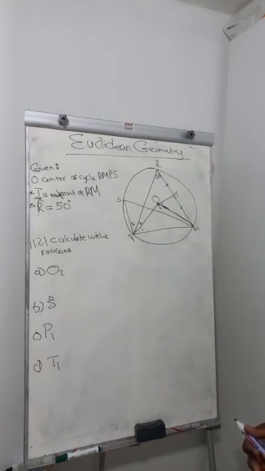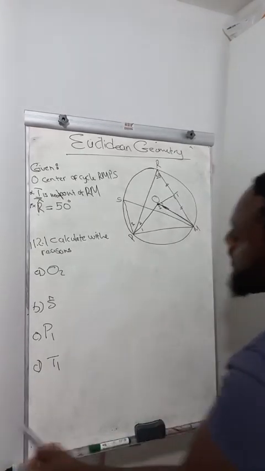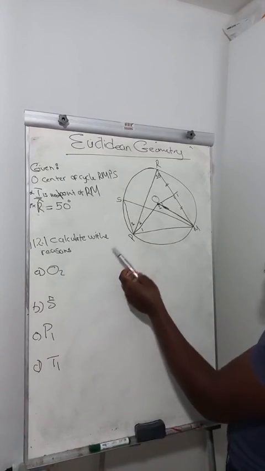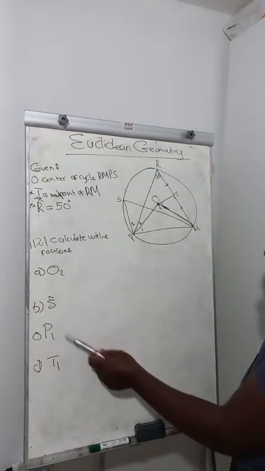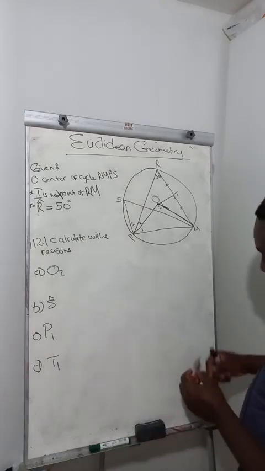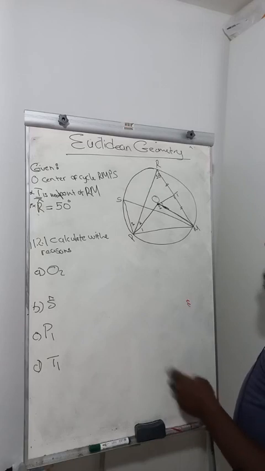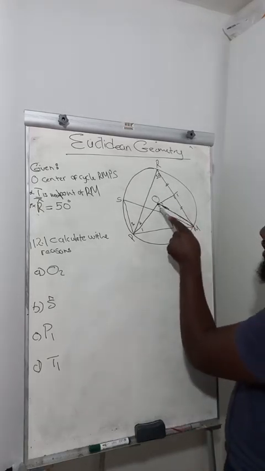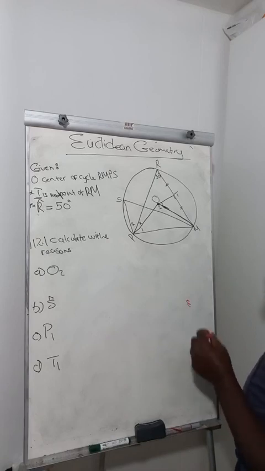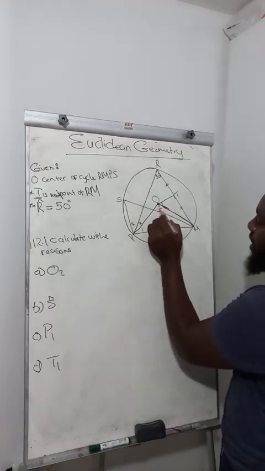Let me check if I do have another color here. So now here, they're saying calculate with reasons O2, angle S, angle P1, angle T1. Let me check if this is working. Okay. Now, they are saying O2. Where is O2? Do you see that O2 is at a familiar place?